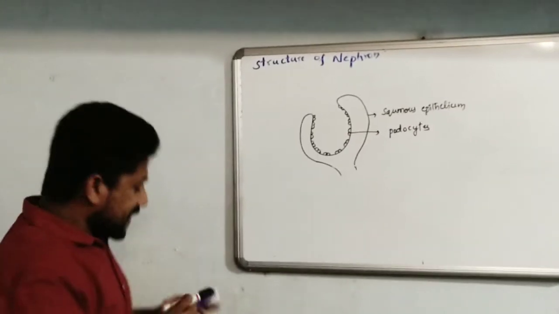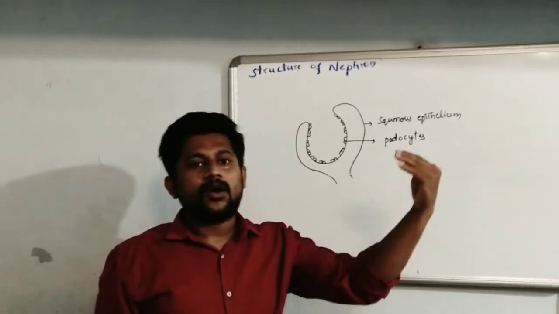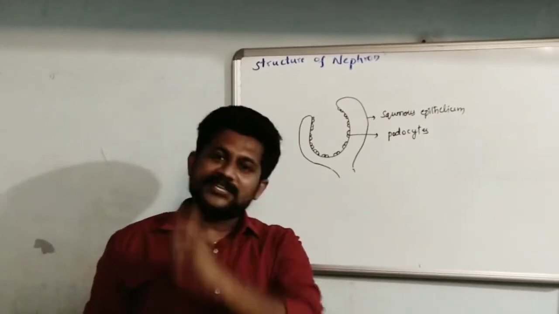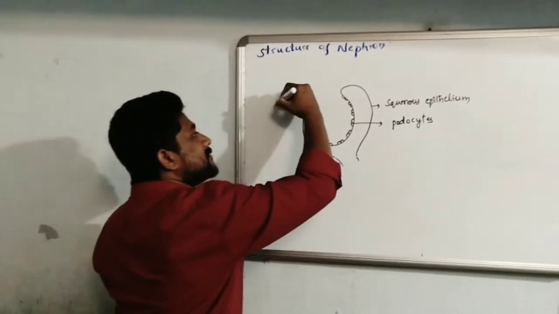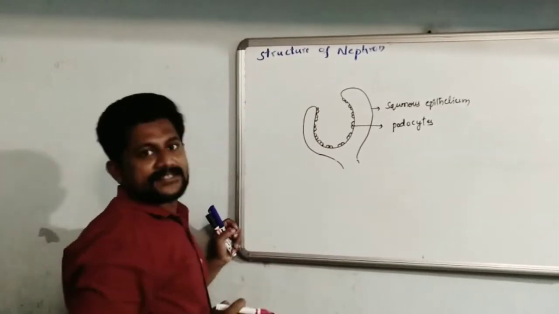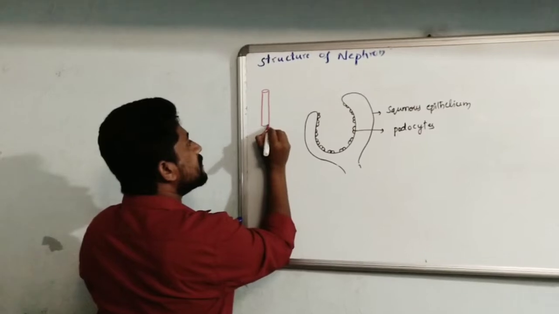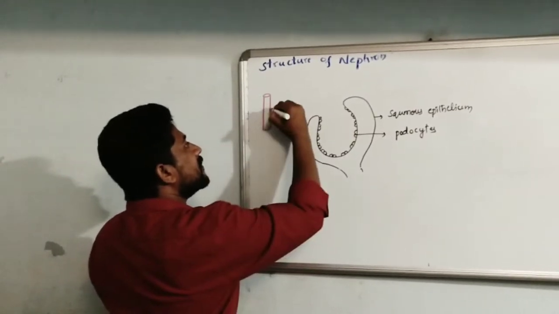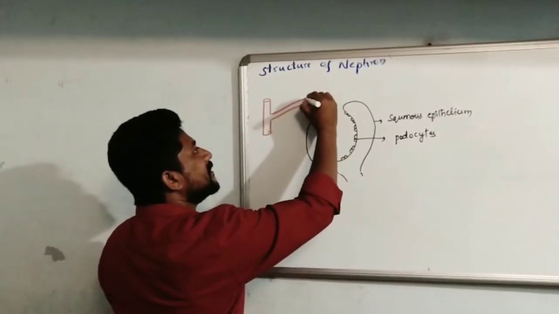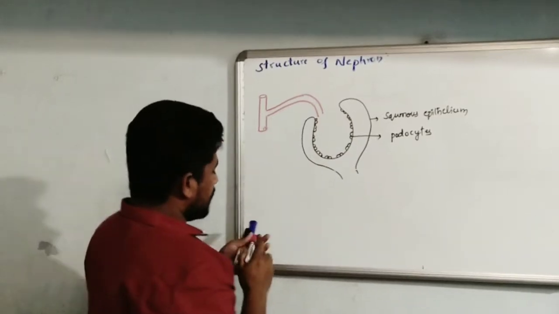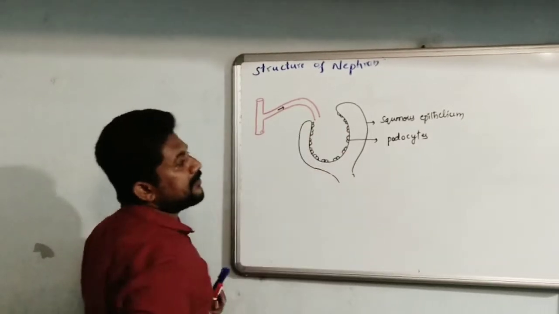We know that the renal artery supplies oxygenated blood to each kidney. The renal artery splits into very fine branches, and one of the branches carries the blood into the Bowman's capsule.